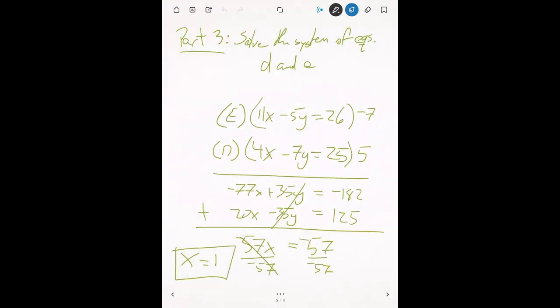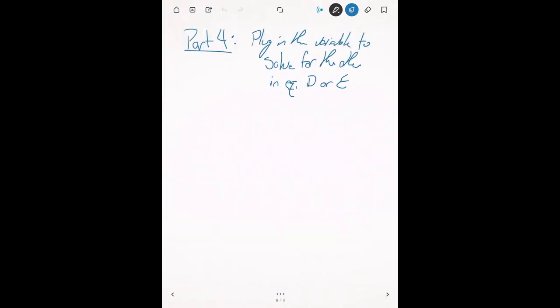So what that means is, do what you just did before when you had a two-variable system. You know what x is. Plug it into one of these to figure out what y is. I guess it really doesn't matter which I plug into, so I'll just plug into D. Equation D said 4x minus 7y equals 25.